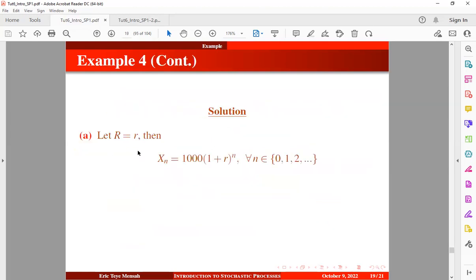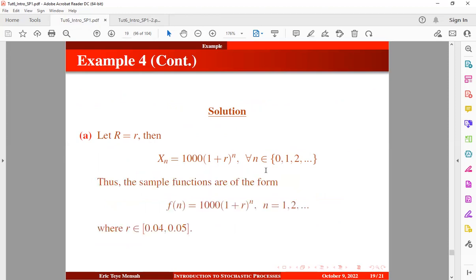Let's take a look at the first part. Let our interest rate, capital R, be equal to a particular value r. Then we can have our process defined in this form for all years. Then the sample functions can be defined in this form. Once we replace this interest rate with any of the values in this range, we are going to observe some realization or sample path.